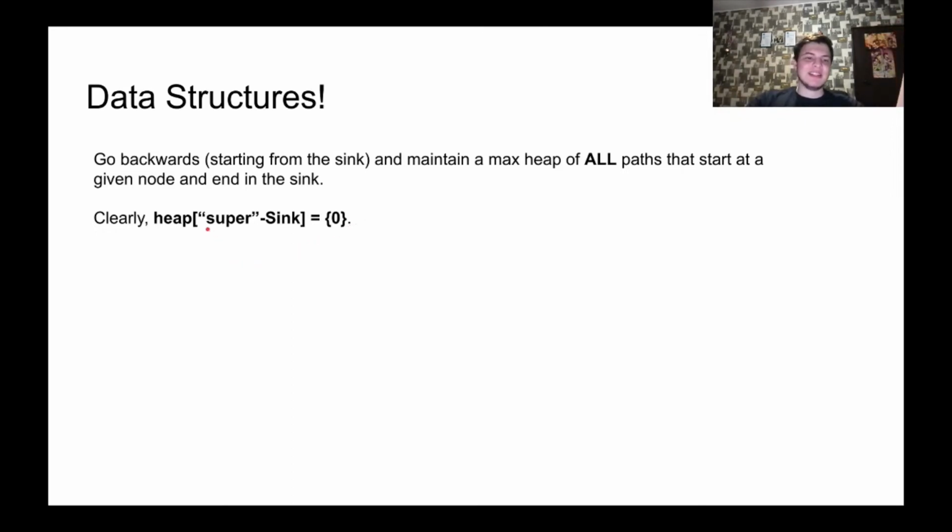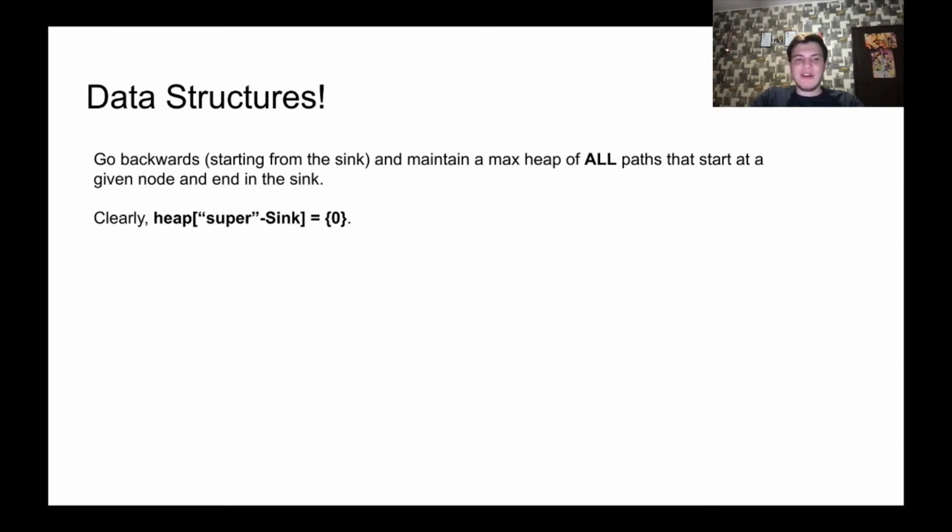In some sense, the heap for the super sink is just 0, because we have just a single path from the super sink to itself, which obviously has weight 0 because we have no edges. And that's the start of the solution.